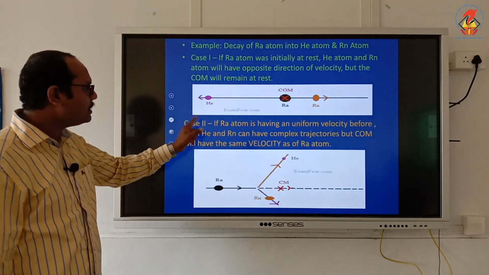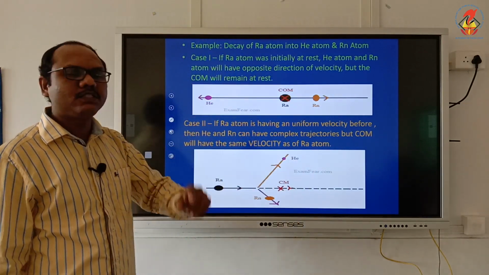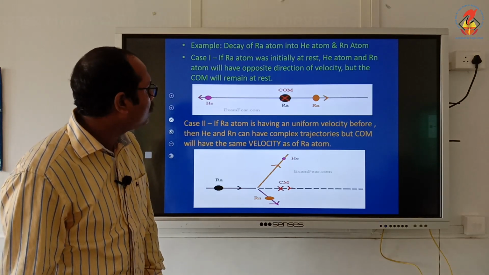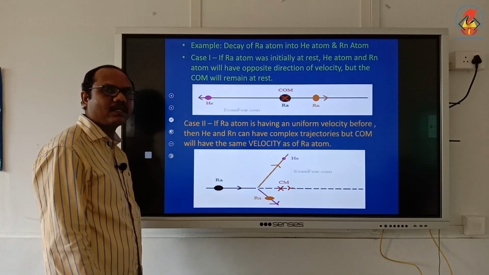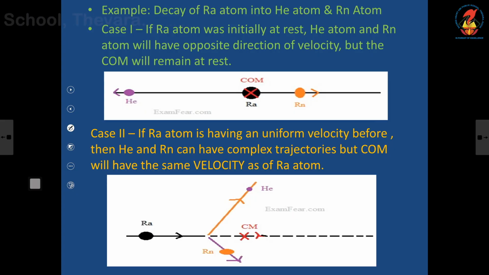Now think about case 2. In case 2, I have shown here radium is moving initially. It was not at rest, radium is moving initially. And at one particular point, this radium is splitting into helium and radon.